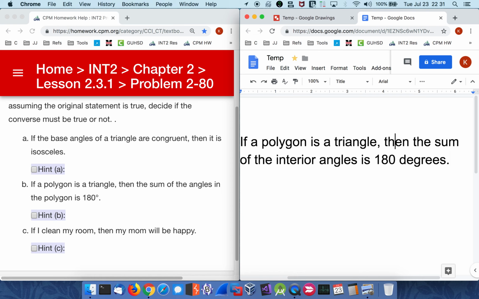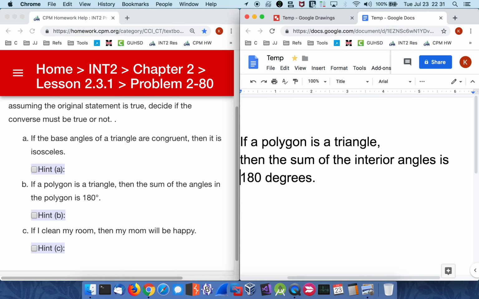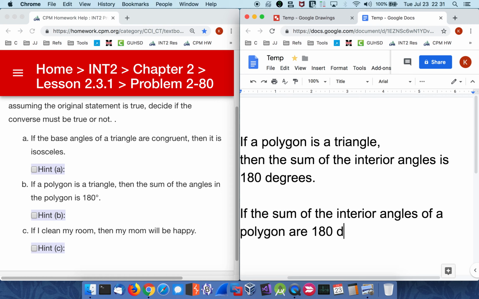I'll put that on a new line so we can see the difference between the hypothesis and the conclusion. Now let's reverse them to get the converse: if the sum of the interior angles of a polygon is 180 degrees, then the polygon is a triangle.